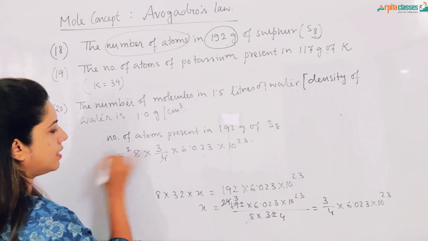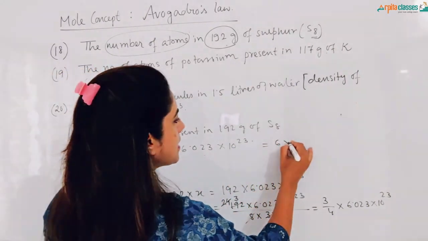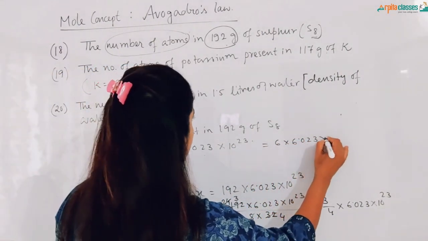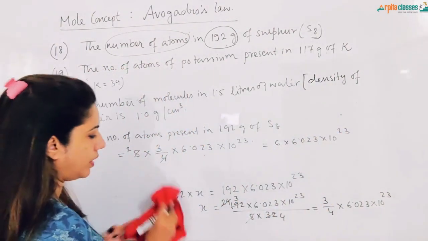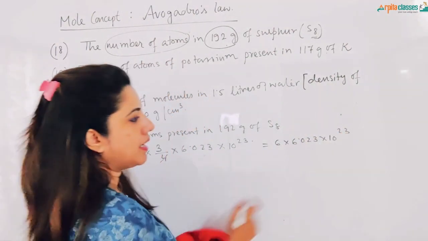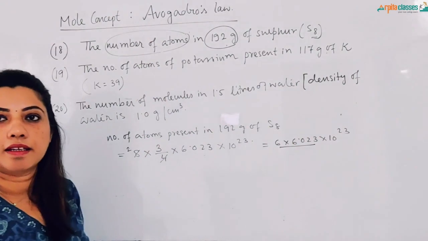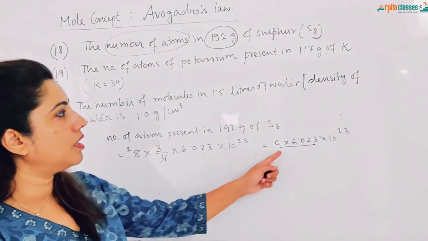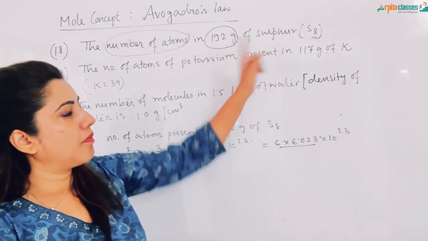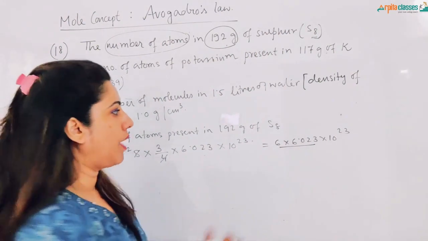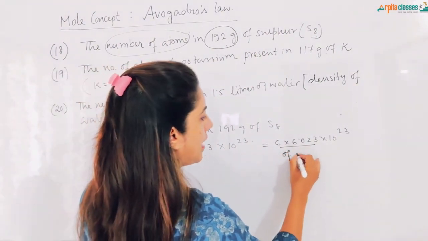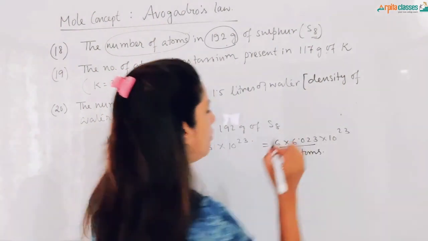So this will get cancelled, 4 2. So it is coming 6 into 6.023 into 10 raised to power 23. Now you can just simply multiply 6 and 6.023 and get the answer. So this is the answer, where 192 gram of sulfur contains this many number of atoms. This is the number of atoms.